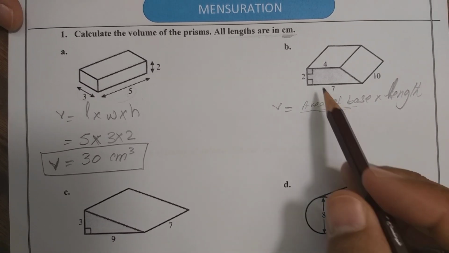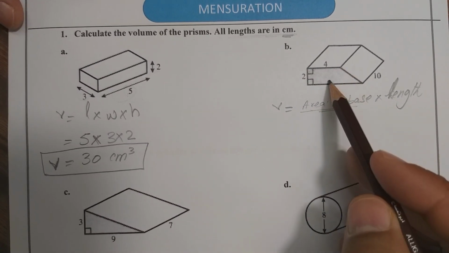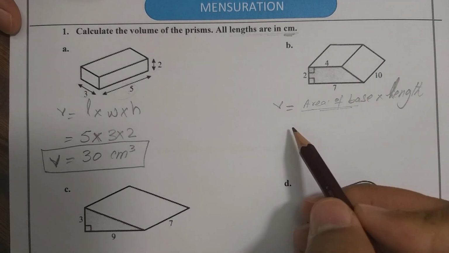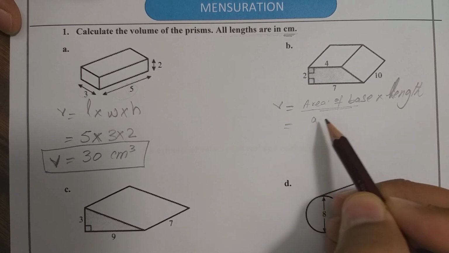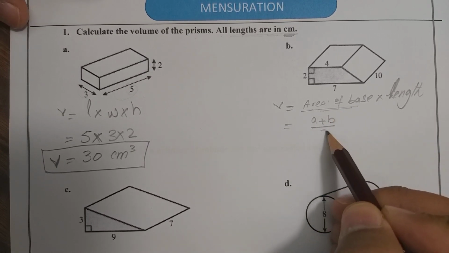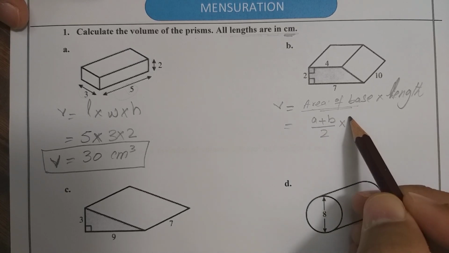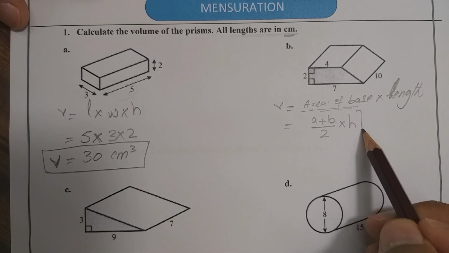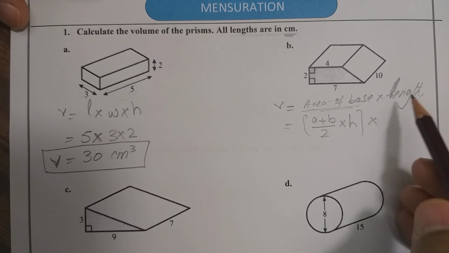So what is the area of base? This is the trapezoid, so the area of base is (a plus b) divided by 2 times the height of the trapezoid, and multiply all by length.